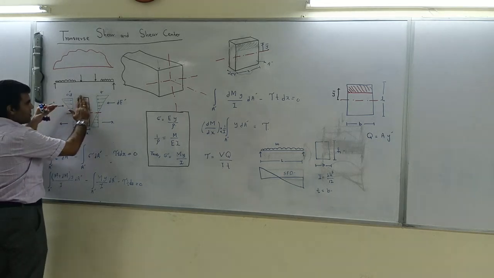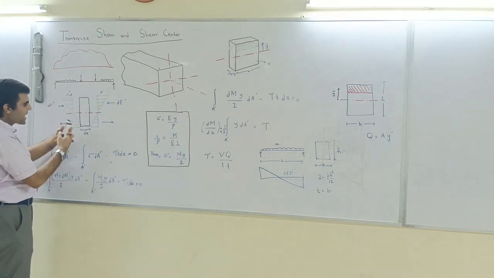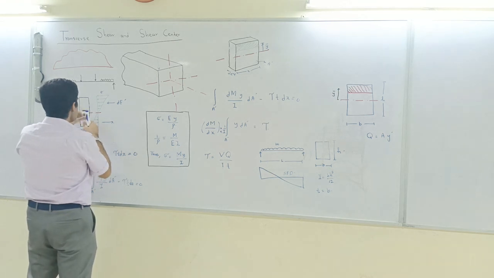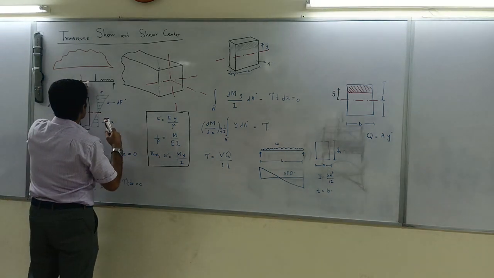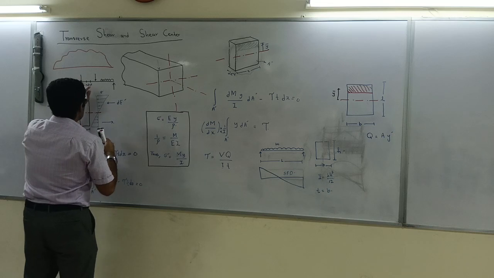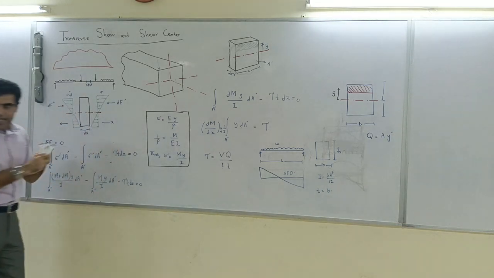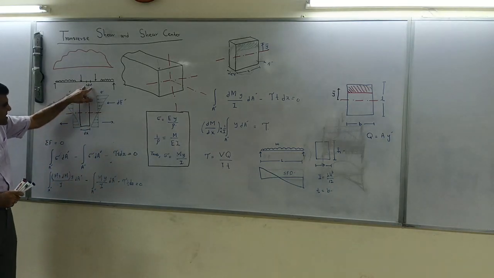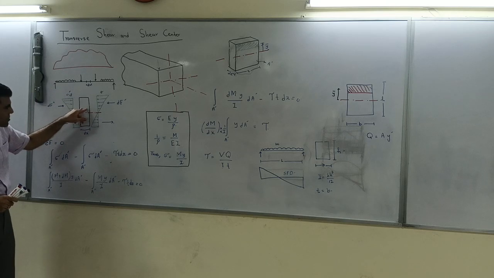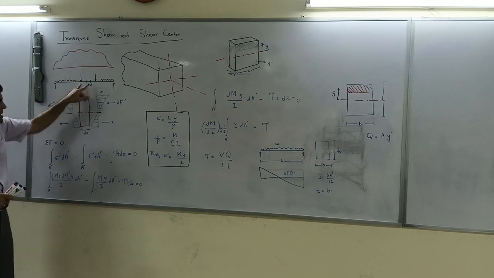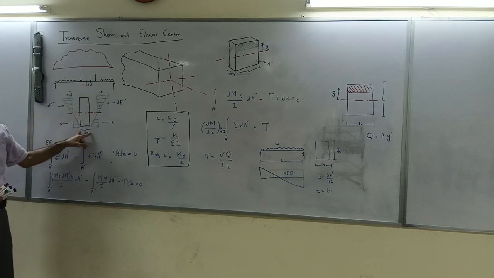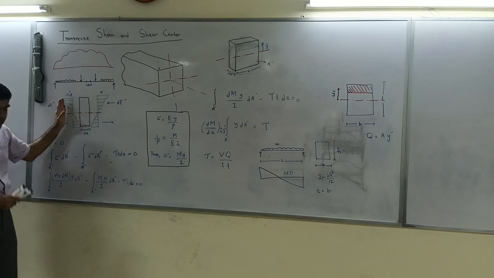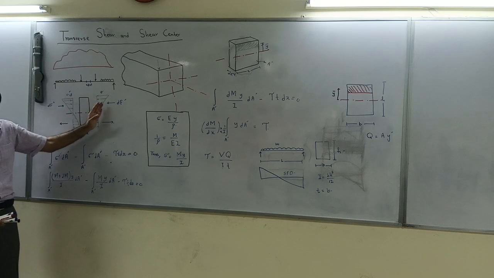We have taken a small portion dx from this beam. On one side we have got one magnitude of stress, and on the other side we have got another magnitude of stress.